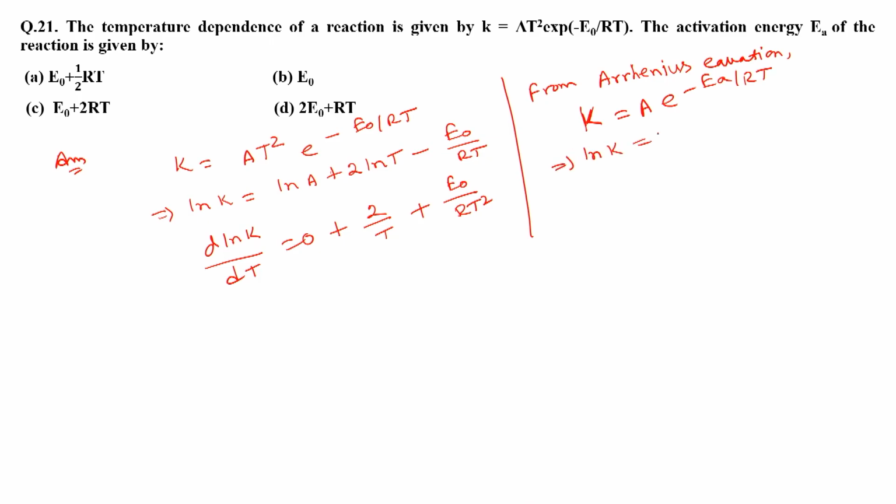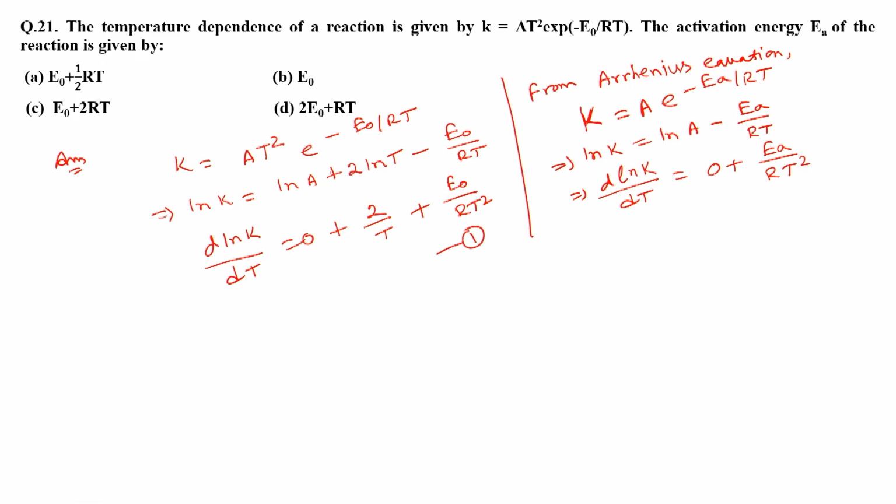We write ln k is ln A minus EA by RT. Now, again we differentiate this with respect to temperature. So, we write d ln k by dT is 0 plus EA by RT to the 2.